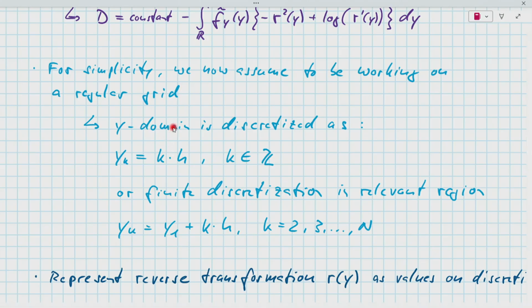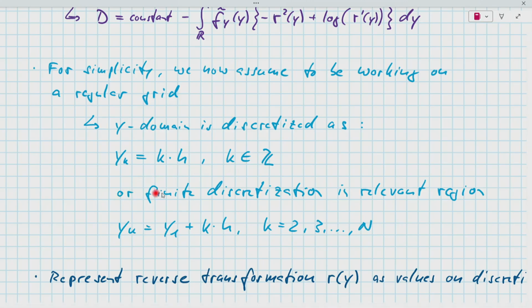So what we do is, when we look at this integral that goes from minus infinity to infinity, but over a density with a finite support usually, still, if we want to discretize the entire domain, then we have to do something like that. So we have y_k. The discretized y domain would be k times h. h is the distance between two discretization points, and k would be an element of Z, so all integer numbers, also negative integers.